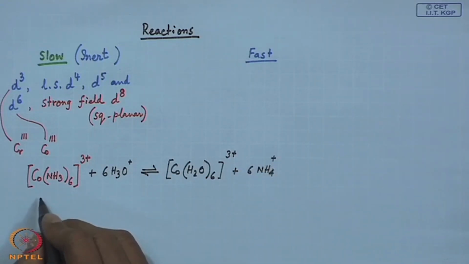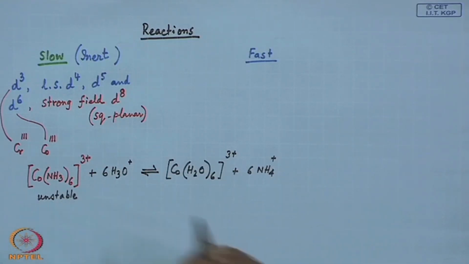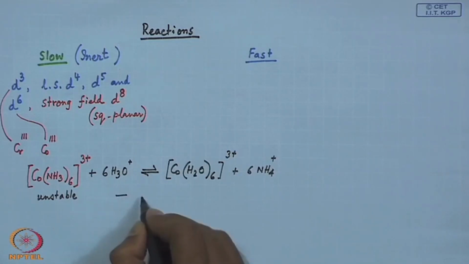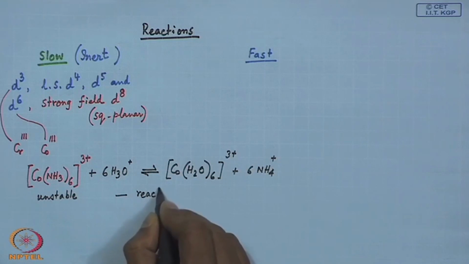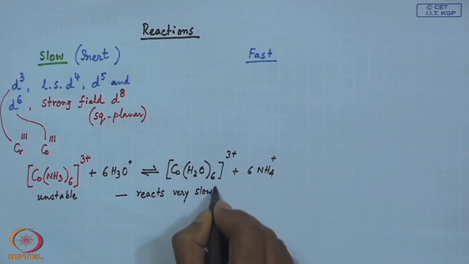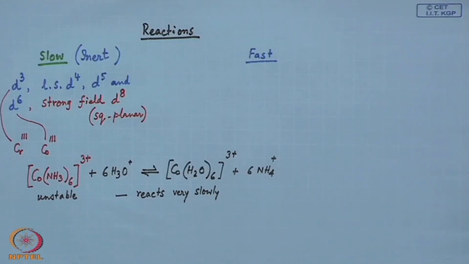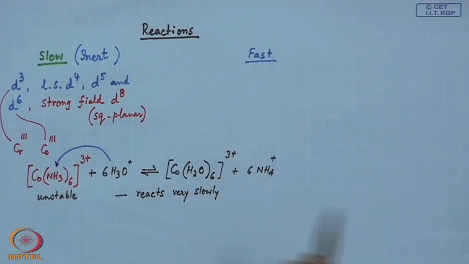This compound is unstable in acid, but reacts very slowly with the acid. So here the proton is attacking the ammonia ligands, forming ammonium ion.